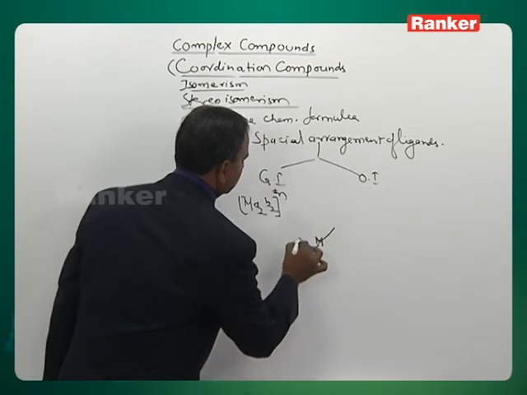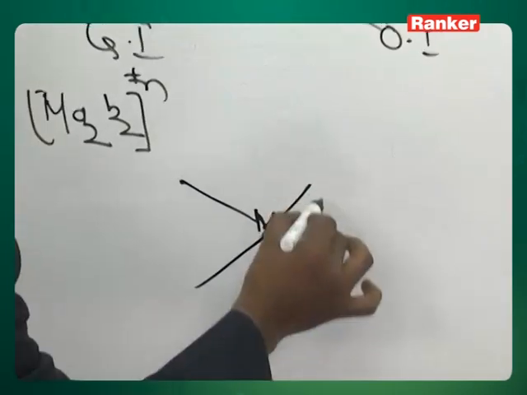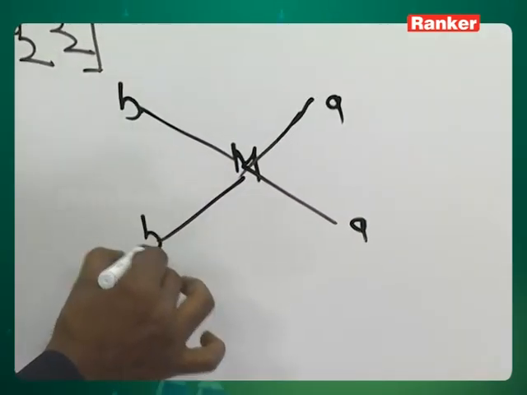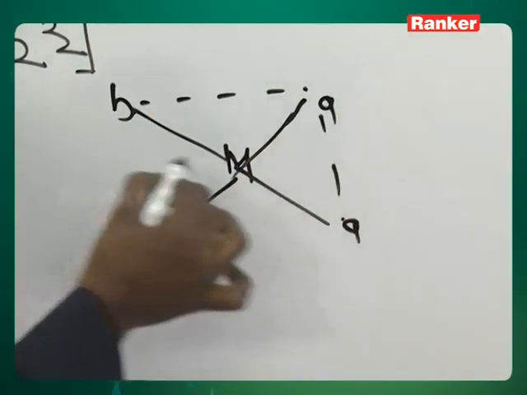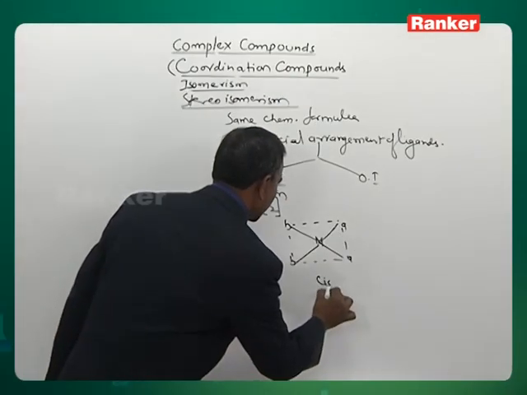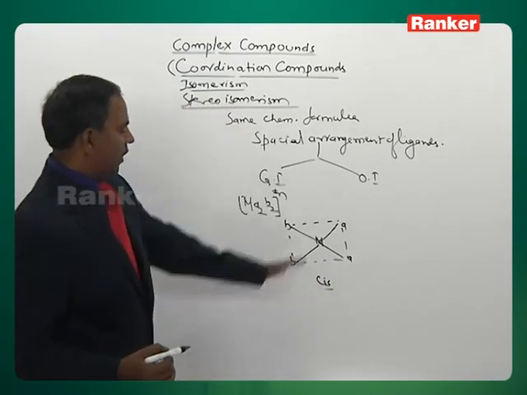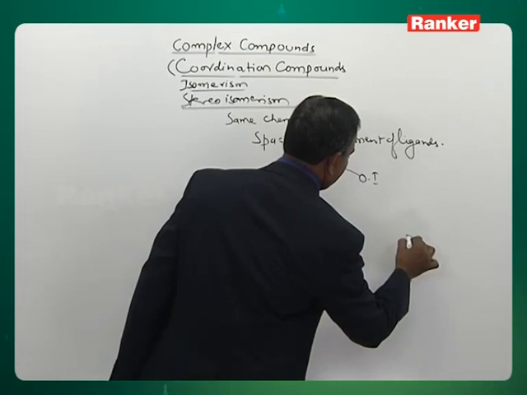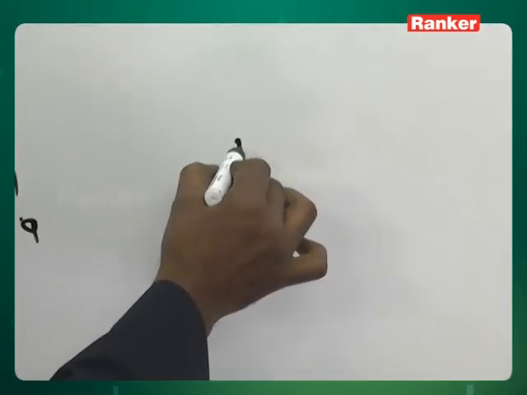See here. I am writing two ligands on the same side of the plane. We call it as what? Cis isomer.